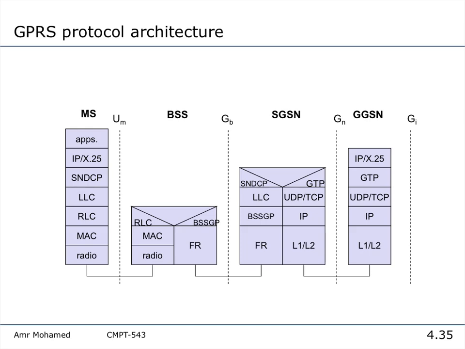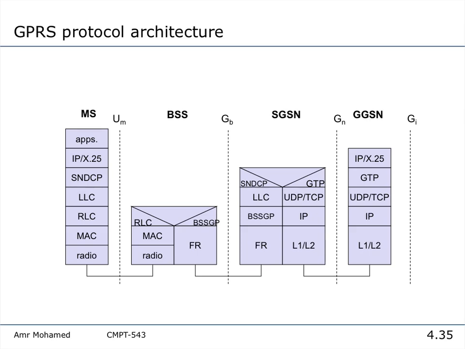In the transport level, there is also what we call the subnetwork dependent convergence protocol. This protocol is in the transport level, right? And it tries to provide consistent behavior from the transport level, regardless of whatever channel state the mobile station might have.